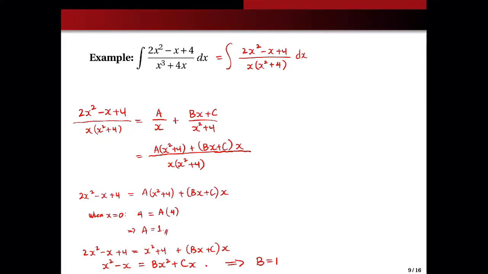For the part of x, the coefficient of x here is negative 1. For this one here, the coefficient is c. So for this expression, x squared minus x, to be totally equal to bx squared plus cx, c must be equal to negative 1. And since we already have b equals 1, we have the equality.